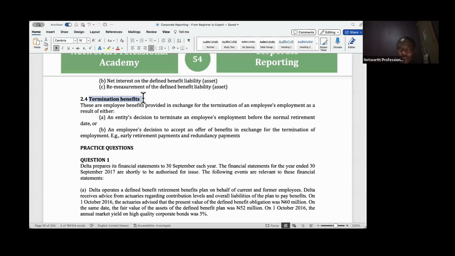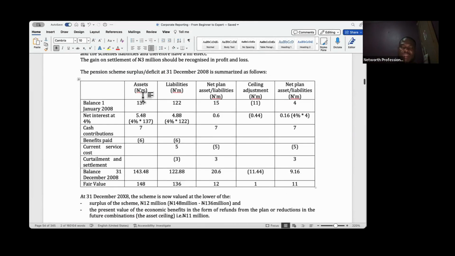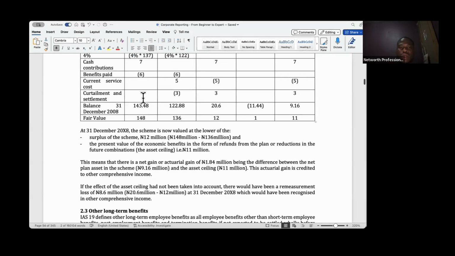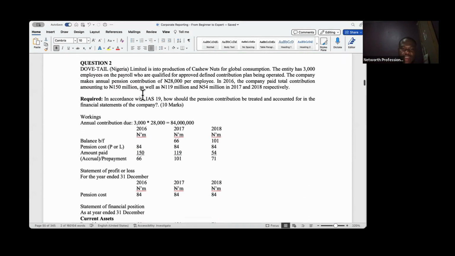However, what you find in the exam is either a defined contribution plan or a defined benefit plan for post-employment benefits. And if you understand what I've taught you today, you will never have issue with any question ICAN wants to ask. If you remember the last past question ICAN asked, I solved it last week with you guys.